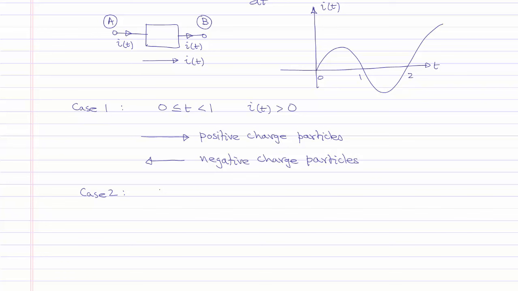In the second case, when the current is negative, which is during the time interval from 1 to 2 seconds, I of t is less than 0. What this means is that the positive charged particles are actually flowing from B to A, or equivalently, negative charged particles are flowing in the opposite direction.